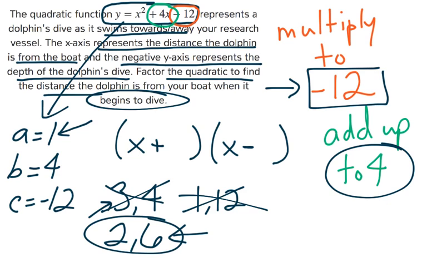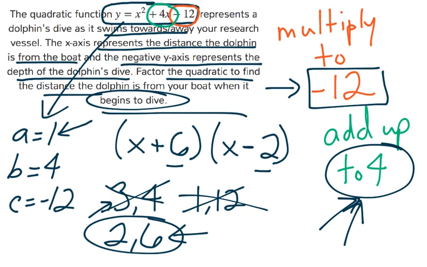Now you need to determine which of these is going to be the negative. Since we want a positive 4, we want the bigger number to be positive. So x plus 6 and x minus 2, because when 6 subtracts that 2, we do get the positive 4. Okay, so this is the complete factorization of that quadratic function.